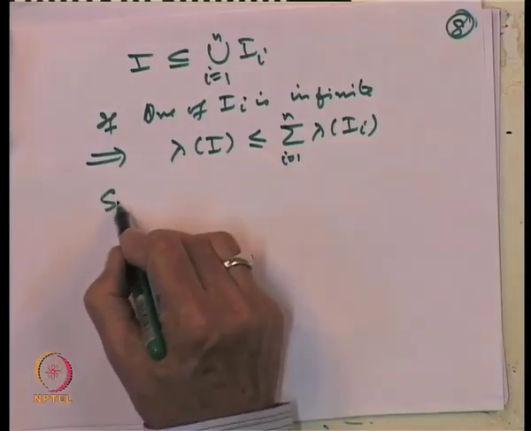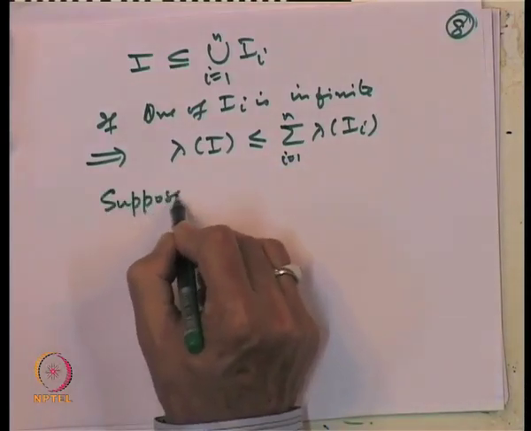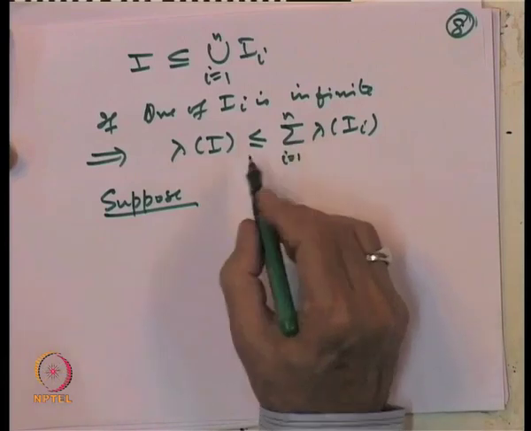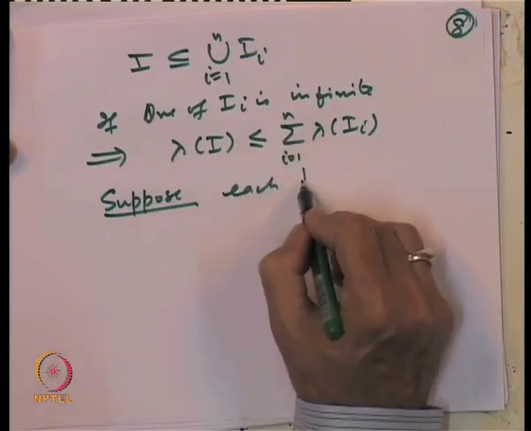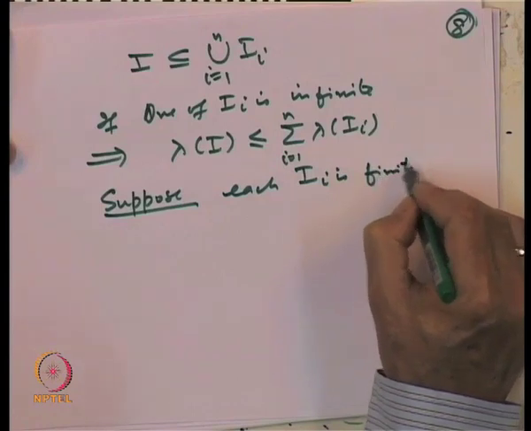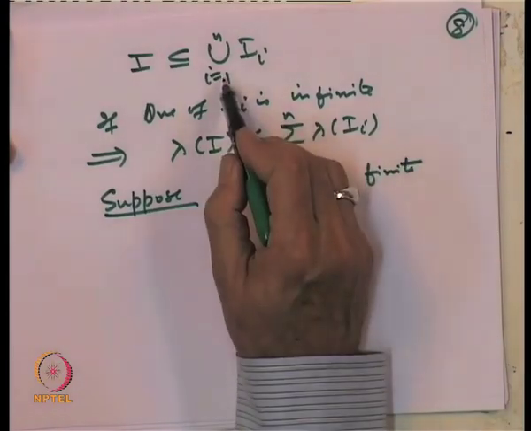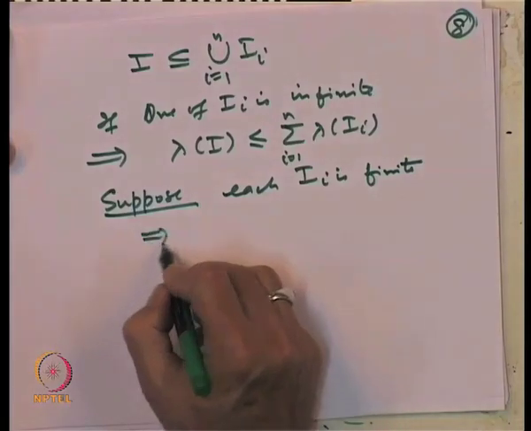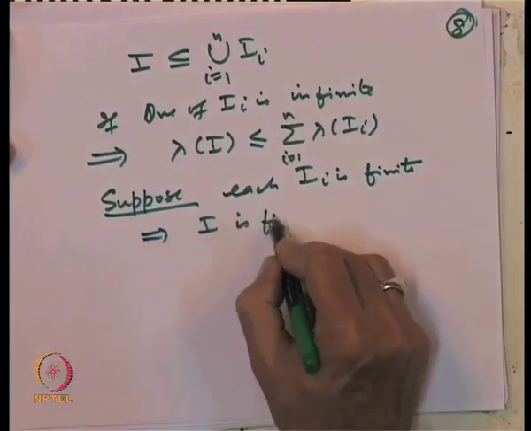So, let us suppose that each I_i is finite, and this is a finite union. So, that implies I is finite.